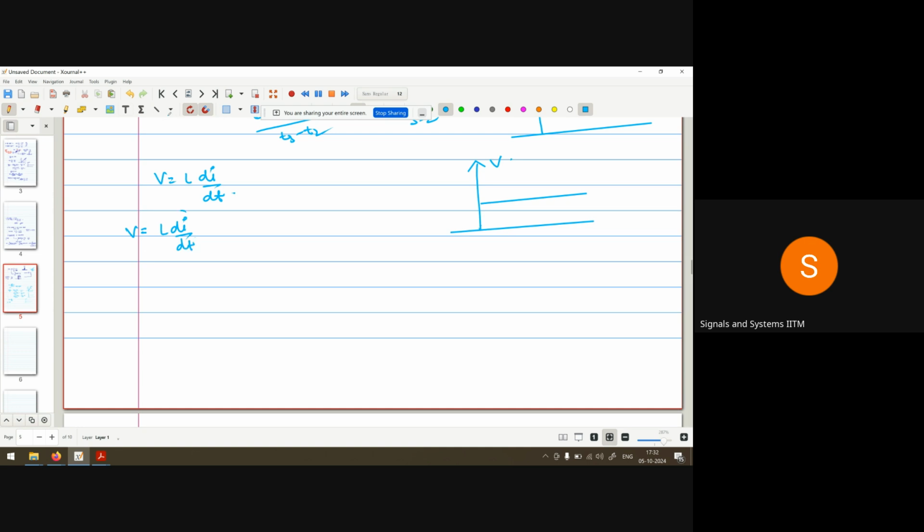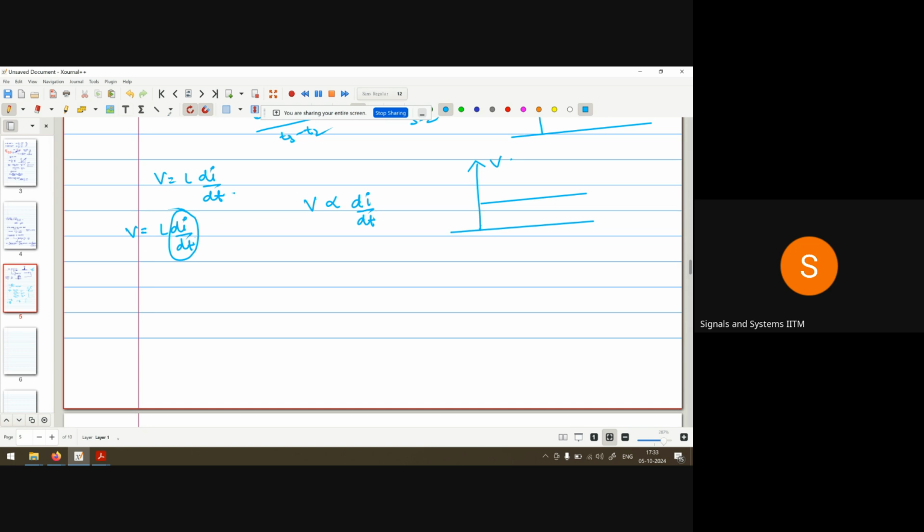So this voltage is dependent on the differentiation of the I signal. I say that voltage is dependent on di by dt, so it is the differentiation of the I signal.